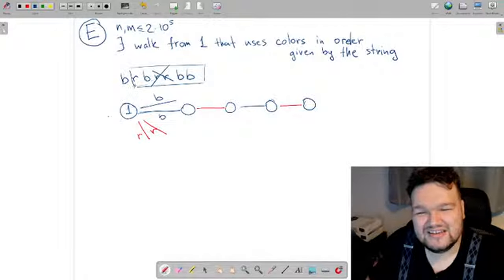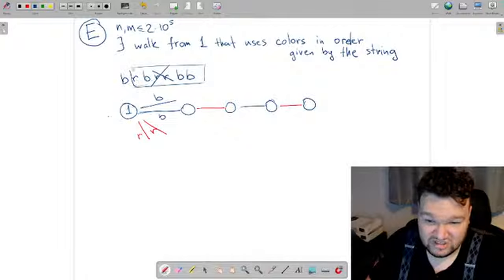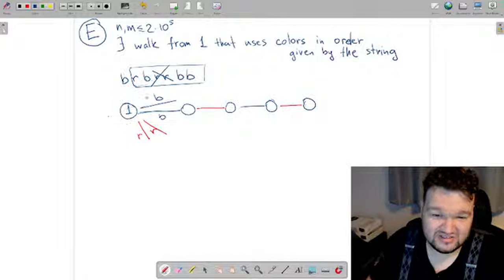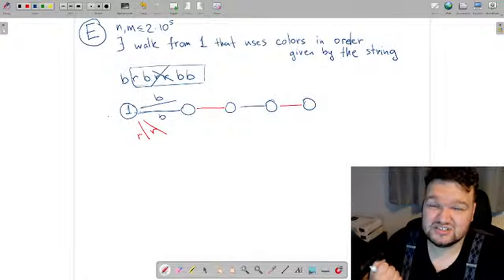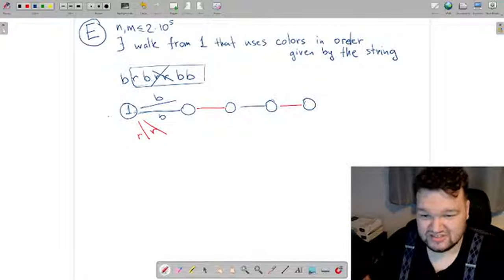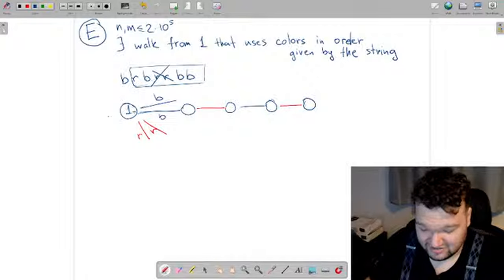So k is the smallest number such that there is no alternating path starting with some color from vertex 1. If there is no such path, then obviously we have constructed a counterexample.